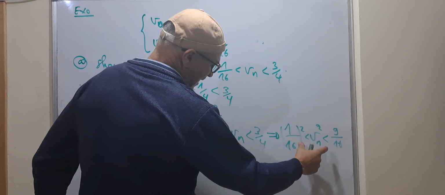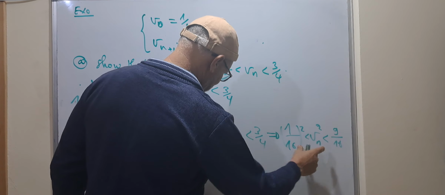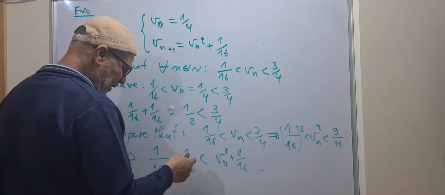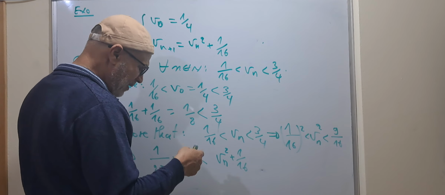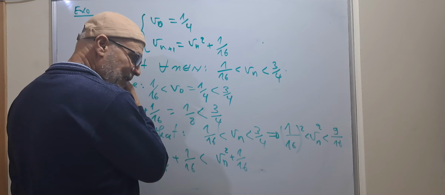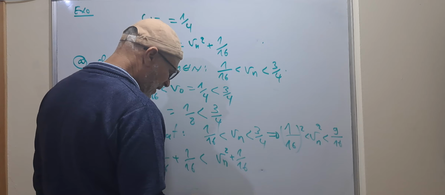So we suppose that this is true, which means this, and we try to verify that the n plus 1 is still between 1 over 16 and 3 over 4.